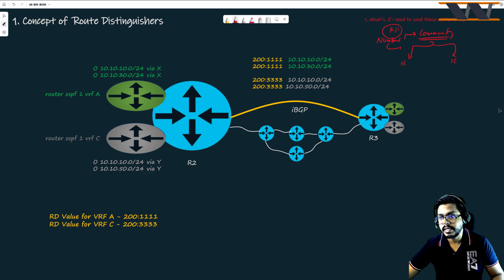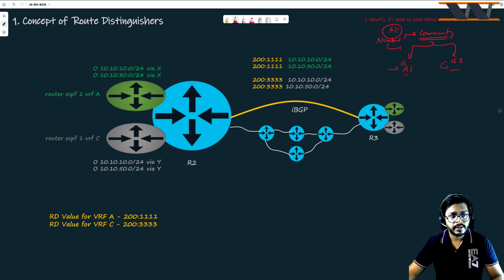The second part is again 16-bit. Generally, in the starting 16 bits we write the autonomous system, and in the ending 16 bits we write any number, right? That is a great amount of numbers, 2 to the power 16. You can understand that, right? Interesting. So the RD looks exactly the same as a community, right?